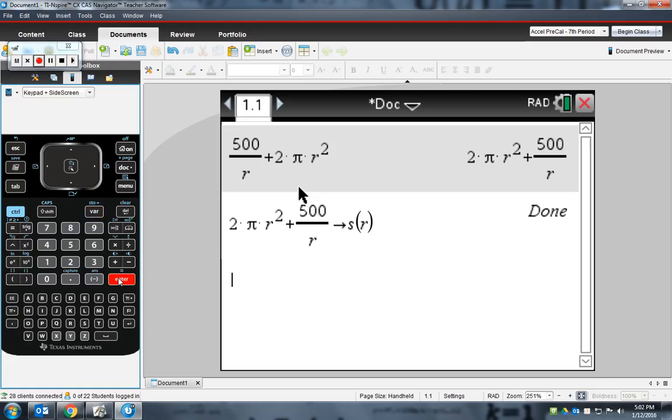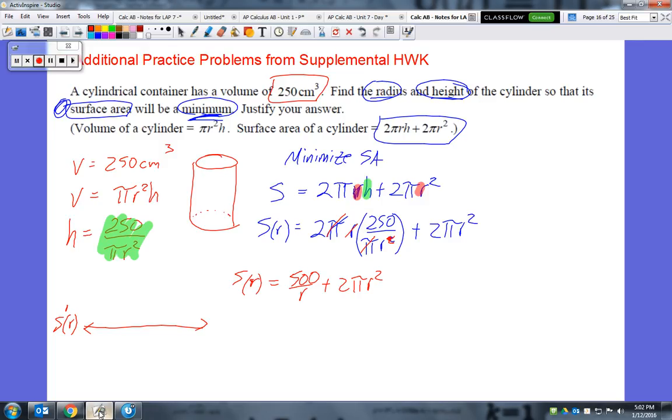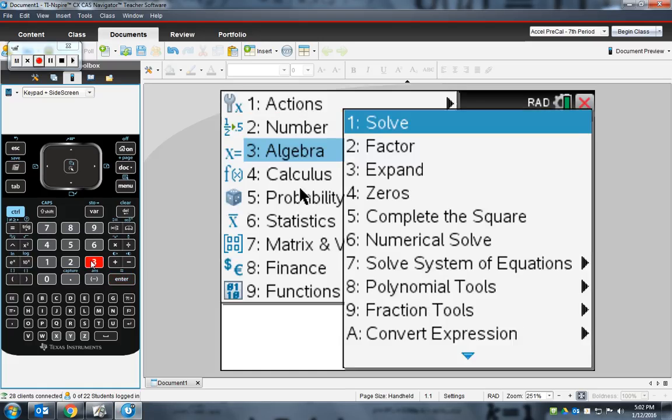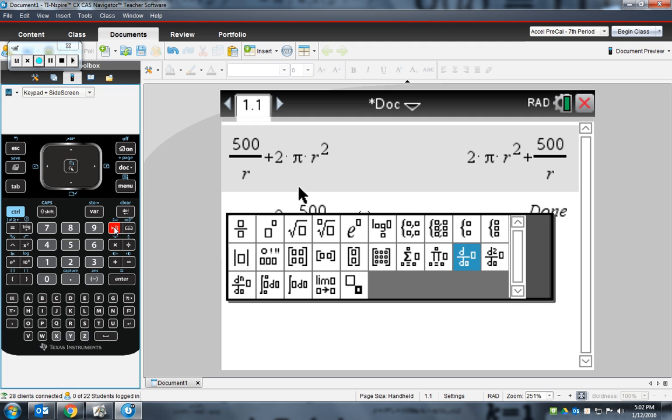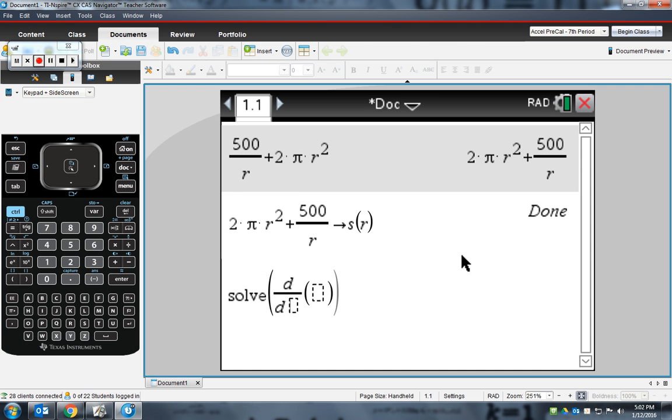Now we're going to find the derivative. The work that I want you showing is the solve feature: the derivative with respect to r of s of r, when it's equal to 0. You must write this since you're using your calculator, so that r is approximately equal to whatever 6 decimal place value answer we get here in just a bit. So we'll say menu 3.1, the solve feature. This button right next to the number 9, we're looking for the first derivative.